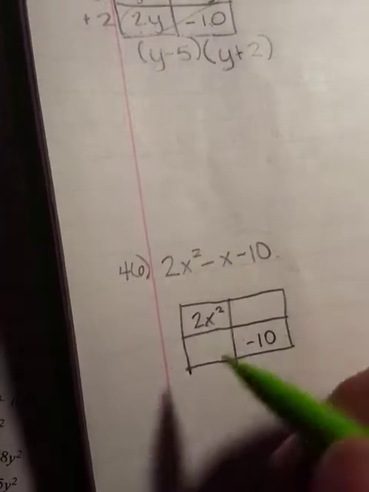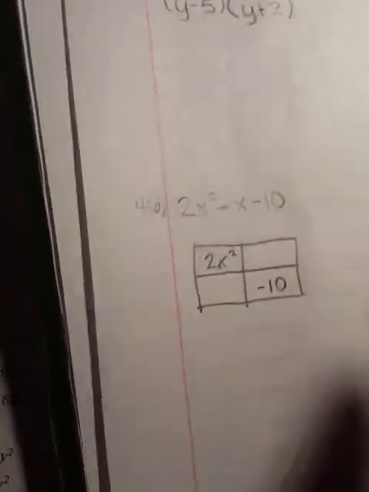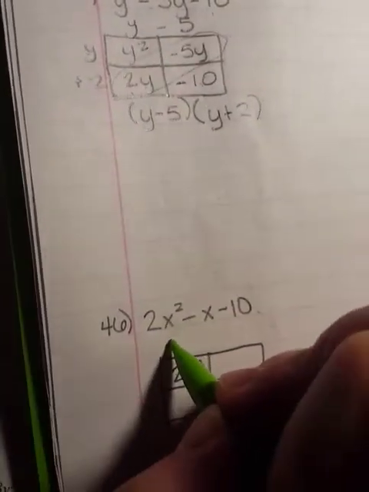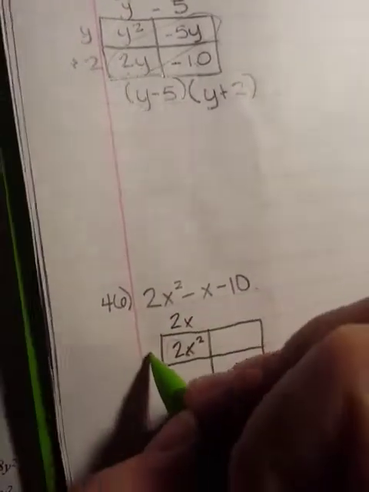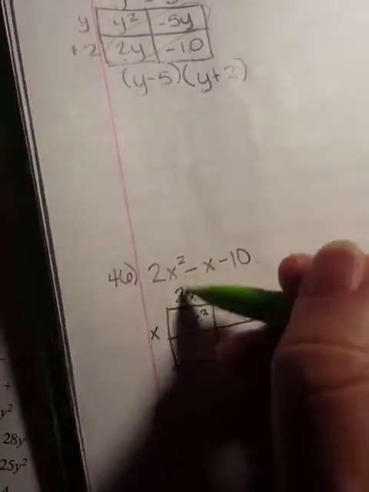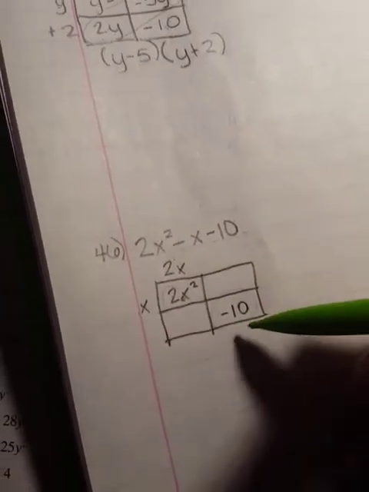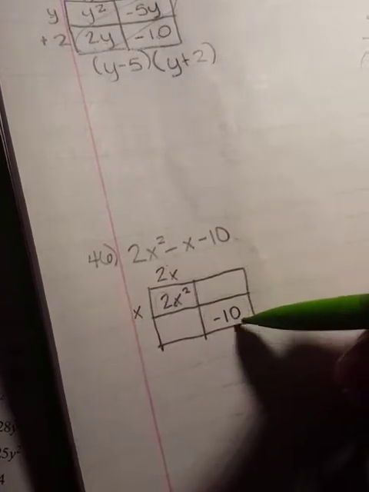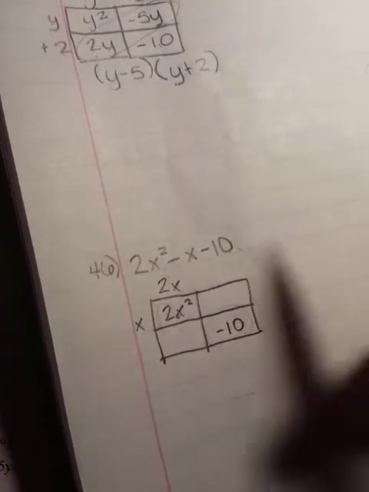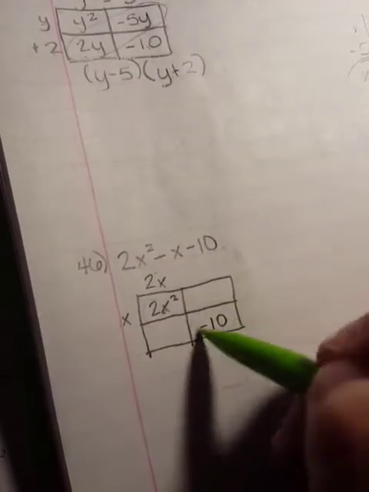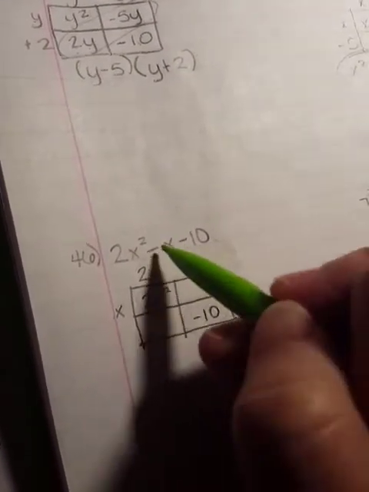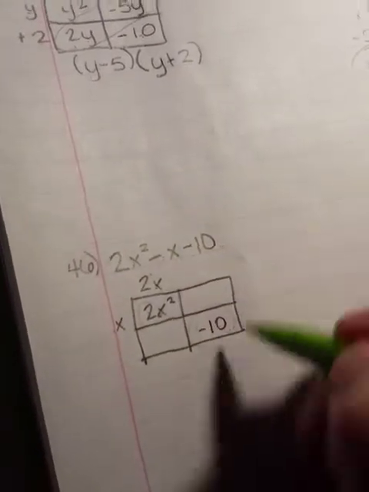This one's going to be a little bit trickier because we have a number in front of the x. So we're going to start out with 2x times x, which would be 2x squared. Now we need to find the factors of negative 10 that would give us a minus x.